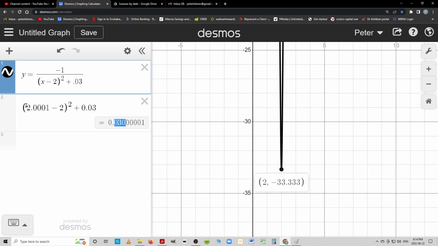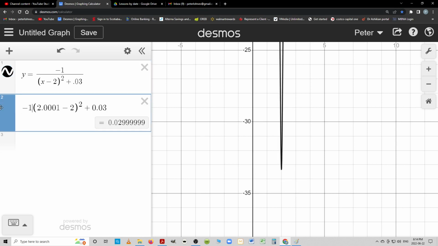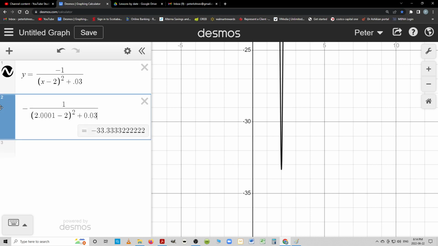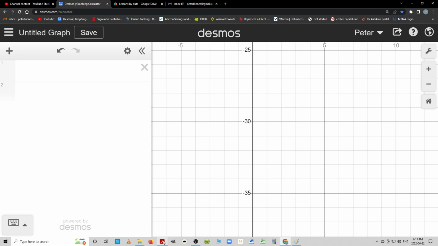And then you got to remember that we're taking negative 1 over it. Negative 1 divided by that. It's so complicated, but essentially you're trying to get as close to 2 in the bottom as possible. And you get negative 33.33, which is my lowest point. Don't worry about that. I spent way too much time on that than I had to.